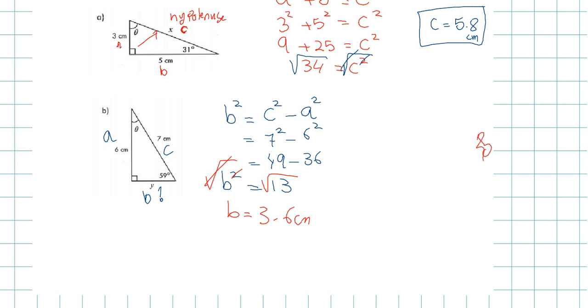So I can't leave it as 3.6. I have to leave it as 3.7, right? If my answer is 3.64, then I have to keep it as 3.6. For the purpose of this class, anything that's 5 and above, we round up. Anything that's below 5, we keep the same. Okay?